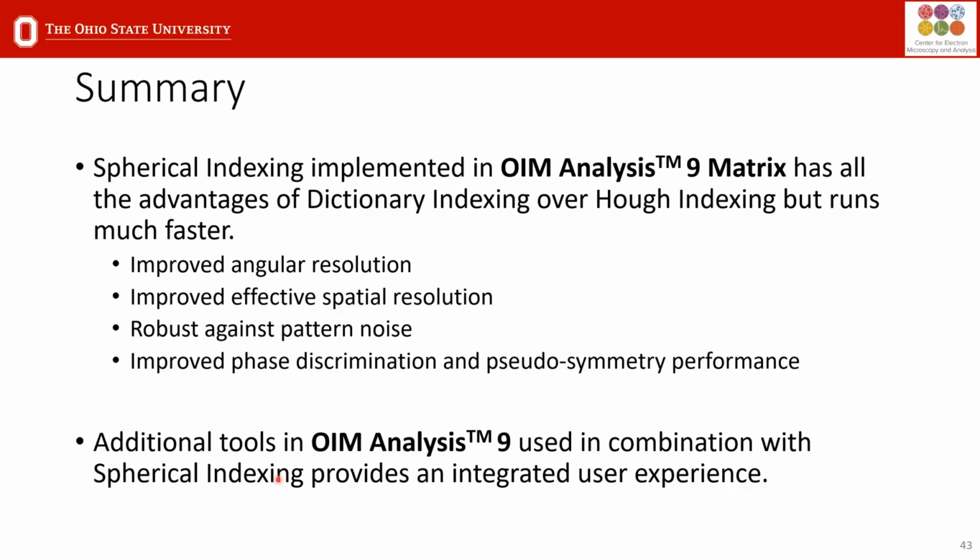It's all built in a user-friendly environment, and then you have all these additional tools: you can filter the patterns, average the patterns, subtract the background, do the pattern center optimization, all within one program to improve the analysis.